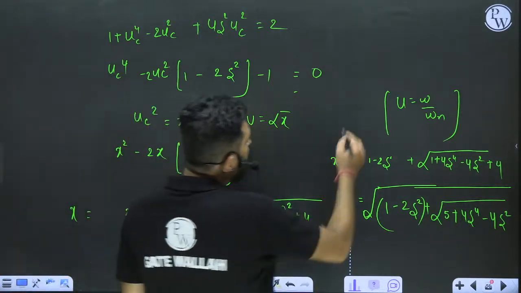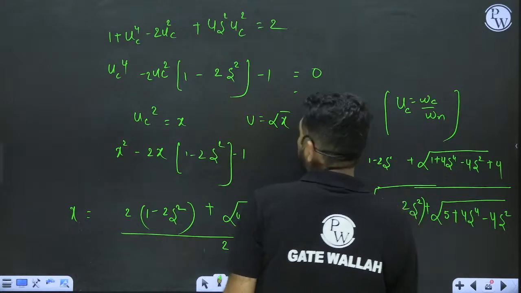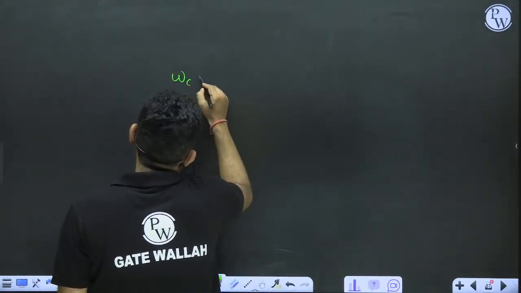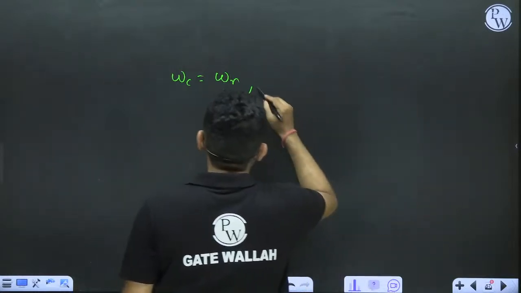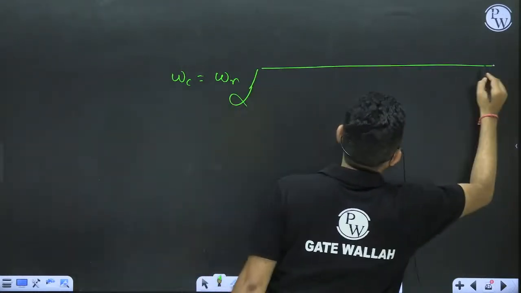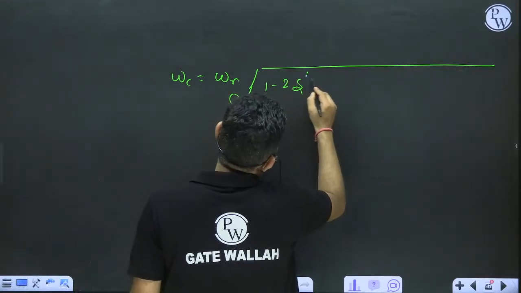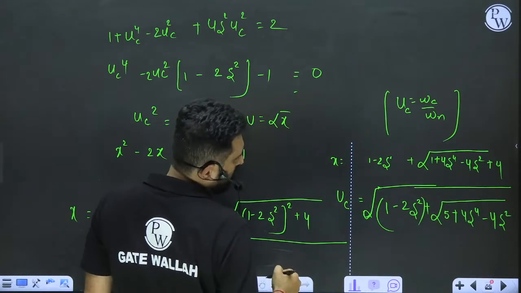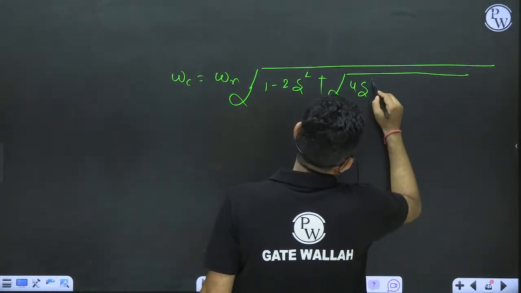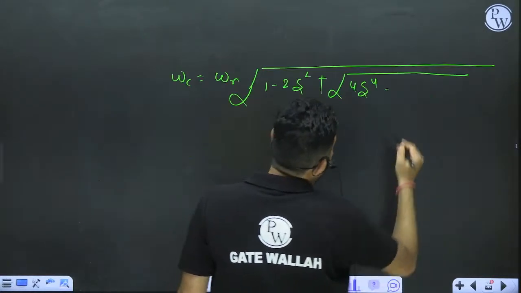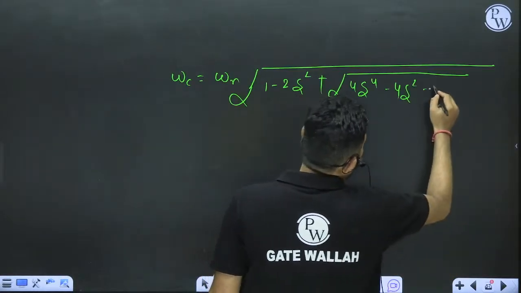So what is omega c? If it is a UC, then it is a omega c. So omega c is finally, check it, omega c is omega n, a big root 1 minus 2 zeta square plus 4 zeta 4 minus 4 zeta square plus 5.